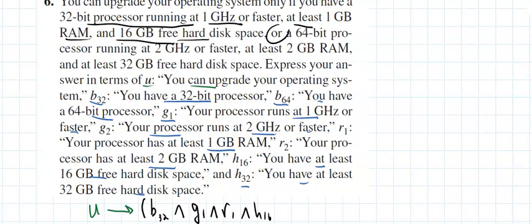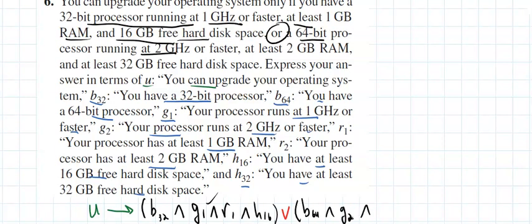Or 64-bit processor running at 2 gig. So just match those, go with the G2 now for the 2 gig.